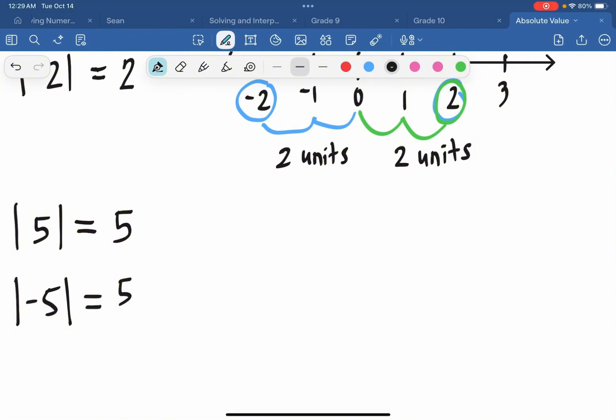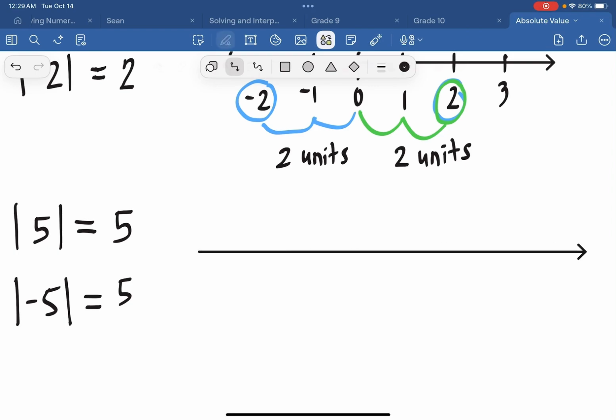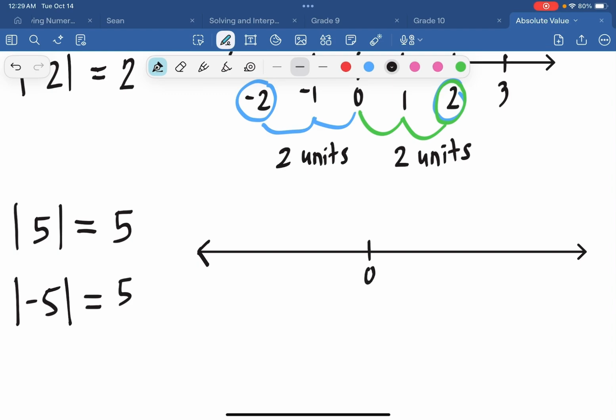So if we are to illustrate it again using the number line, let's have it this way. Okay, let's have our 0 here, -1, -2, -3, -4, -5, and 1, 2, 3, 4, 5. So here we have our -5 and 5.